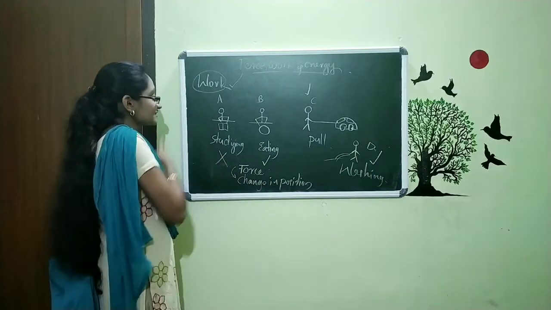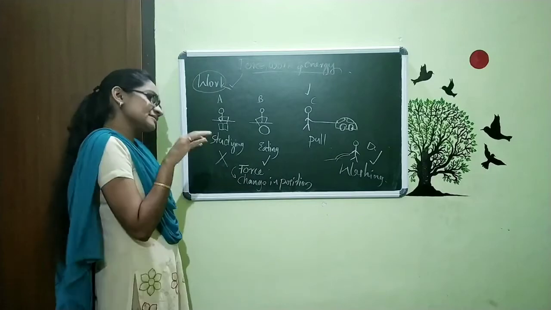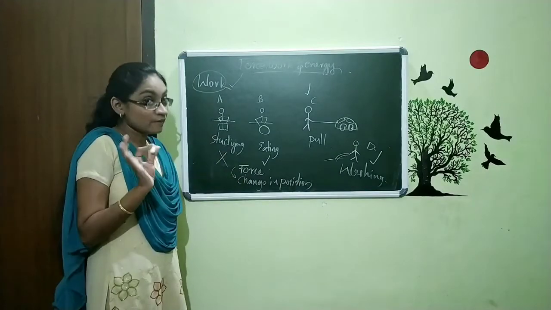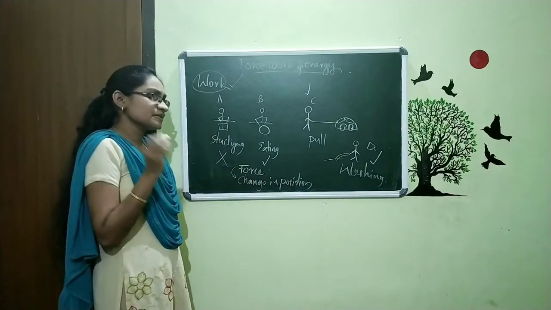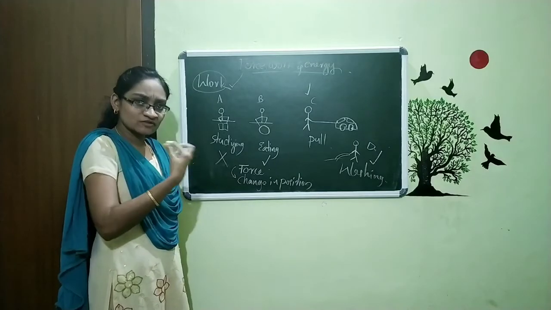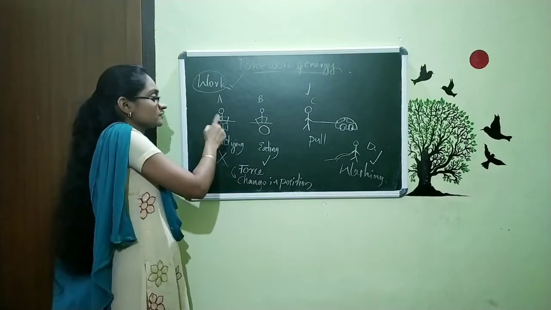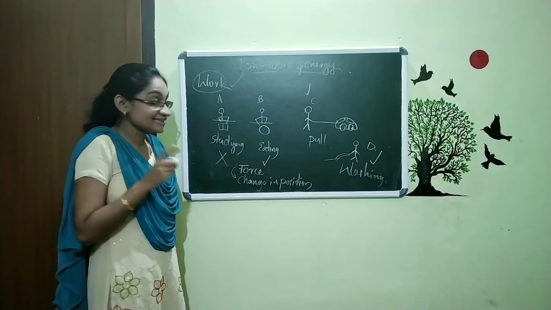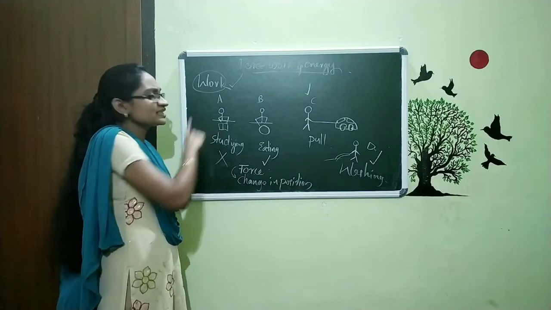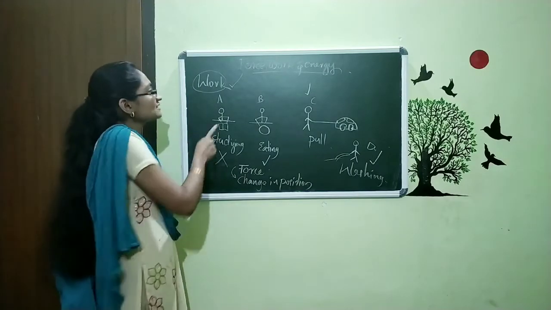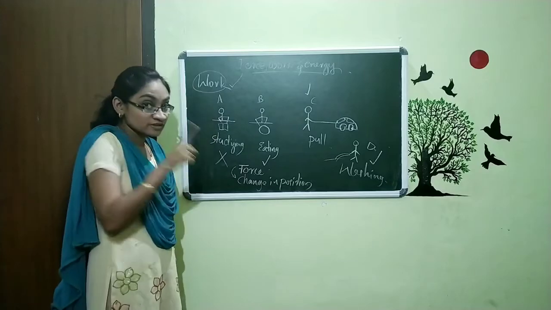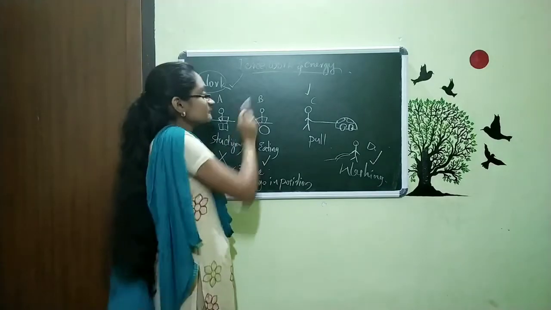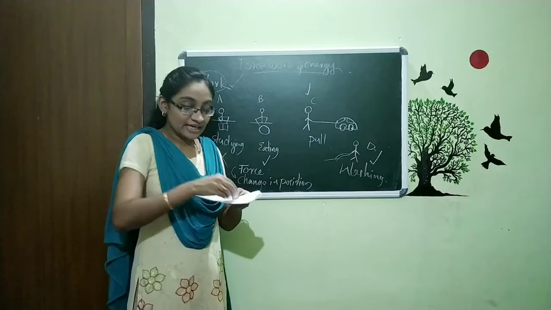For the first case, this child is just sitting and reading. There is no application of force, and although gravitational force is there for the child, the table and the book, still no position change occurs. So no work is done in case A. For B, this child is sitting and eating.